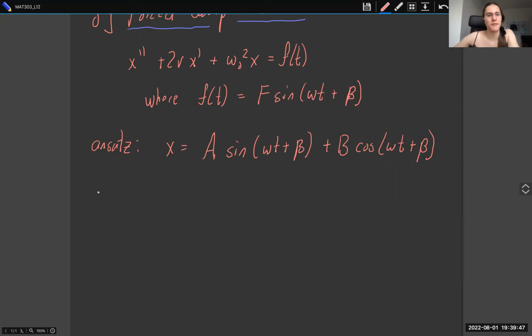It's not that perfect. Okay, I'll just do it term by term. Negative omega squared a sine of omega t plus beta.